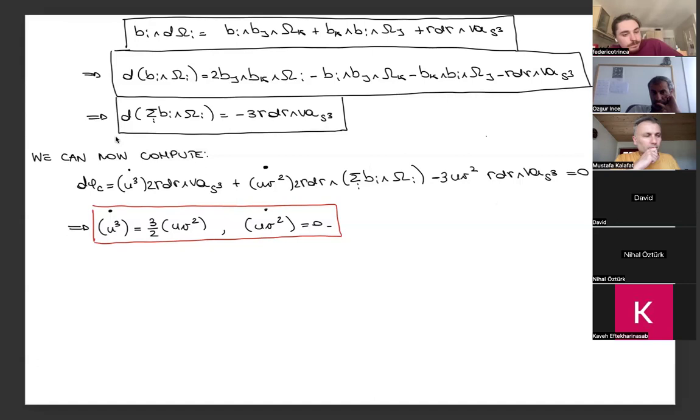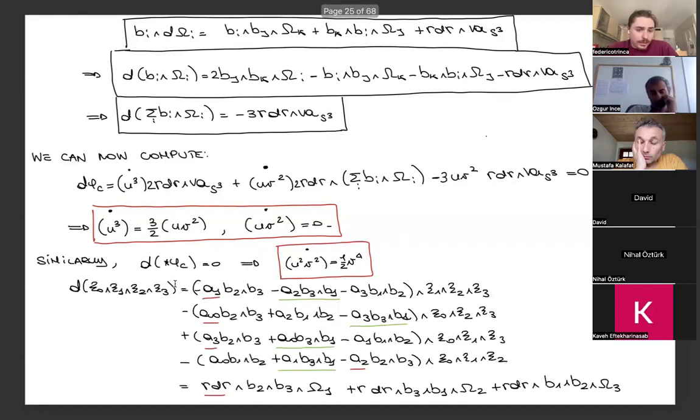And so to just sum up, the condition that phi c is closed is equivalent to saying that u cube dot is equal to 3/2 u v squared, and u v squared dot is equal to 0. So this is the motivation behind the choice of u and v in the previous slide, in the definition of the Bryant-Salamon G2 structure.